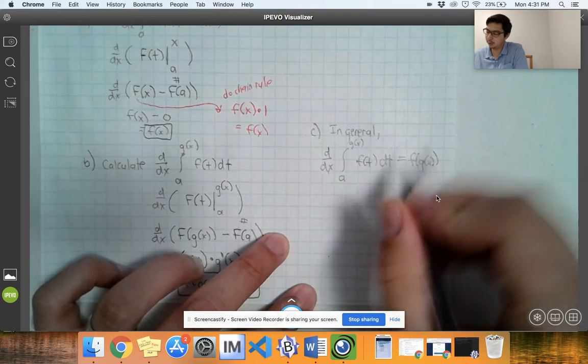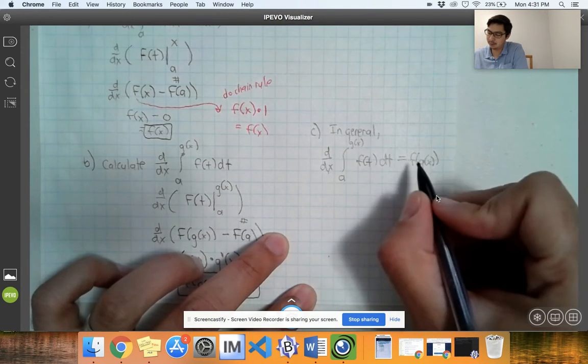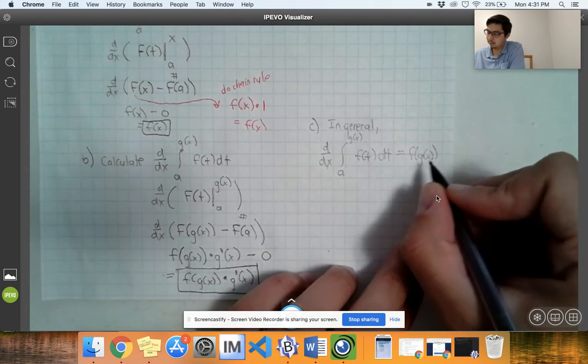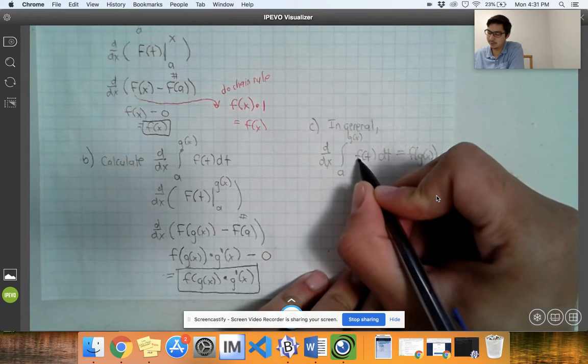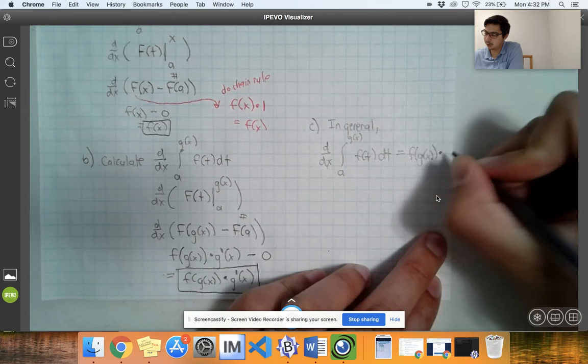But since we're doing the derivative, and this is a function of functions, it's the chain rule: the derivative of the outside, leaving the inside alone, but it's not f prime here because these cancel each other out. So it's the same function f, leaving the inside alone, times the derivative of the inside, which is g prime of x.